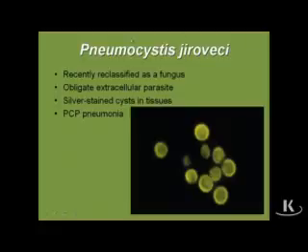Now we've changed the name to Pneumocystis jirovecii, but we still call it PCP pneumonia. Okay? So these are fungal infections that are really an opportunistic infection, one of the leading causes of death in AIDS patients.